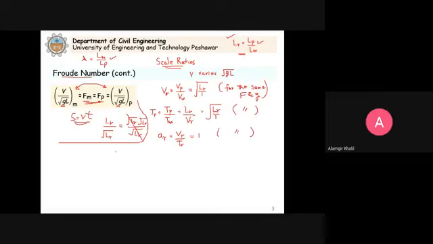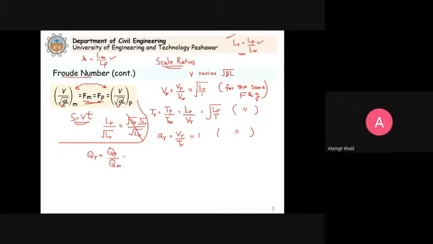For example, you want to find out the scale ratio for the discharge. Because you have Froude number, you want to calculate that if the discharge in the model is this much, what will be the corresponding discharge in the prototype. So this QR will be equal to QP divided by QM.